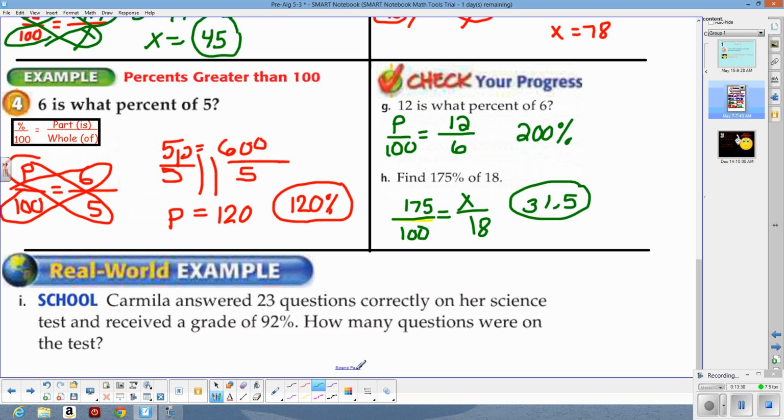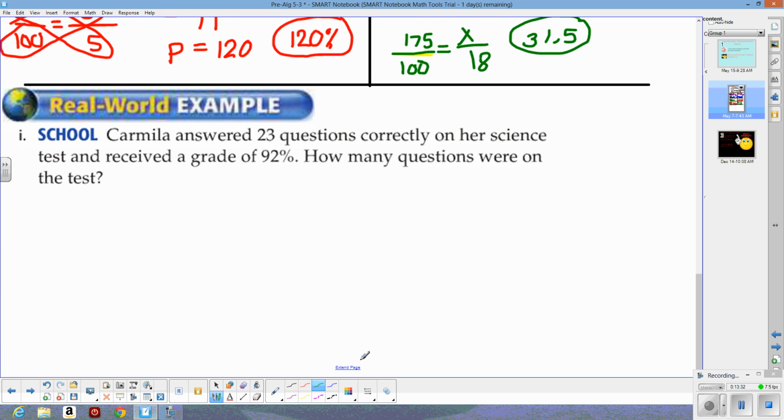All right, our last example is a word problem. Carmela answered 23 questions correctly on her science test and received a grade of 92%. How many questions were on the test? One way you can solve this is by writing a percent proportion. The percent in this problem is 92%.